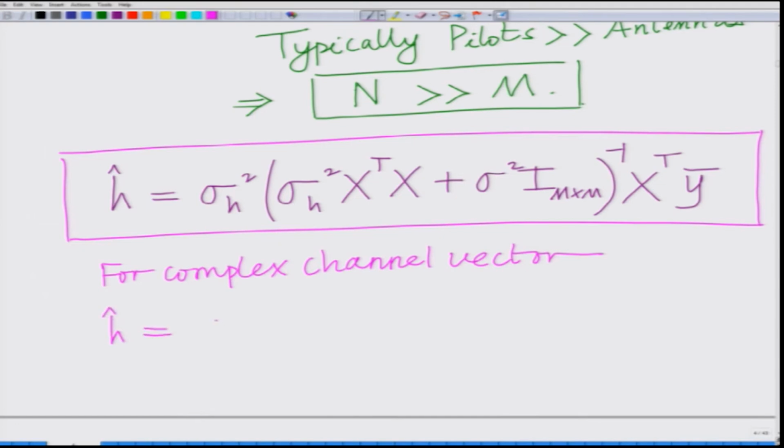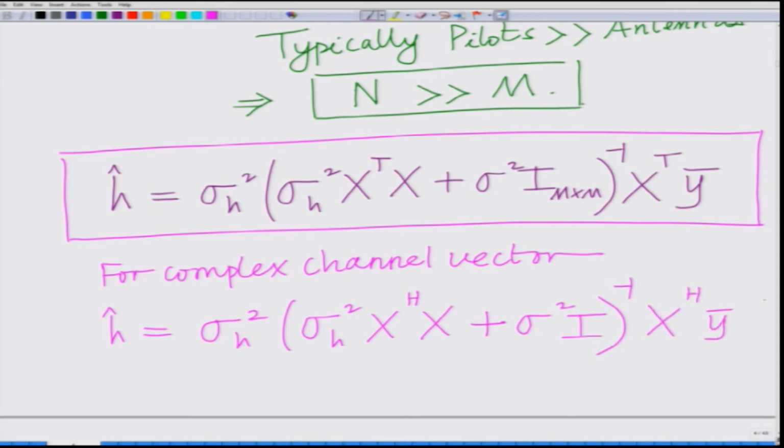You simply replace the transpose by the Hermitian, that is all you have to do. Sigma h square x Hermitian x plus sigma square identity inverse x bar Hermitian y bar. This is for a complex vector h bar.